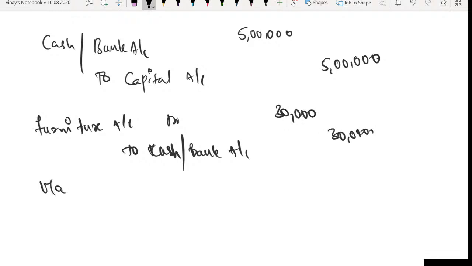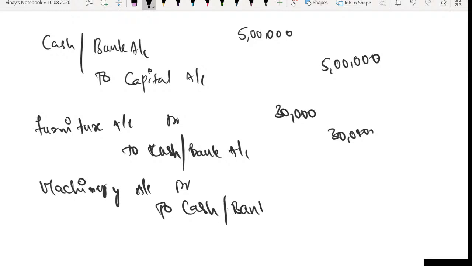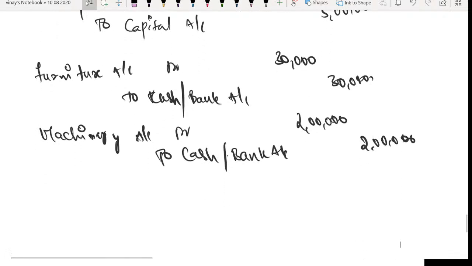When I bought machinery, it will be machinery account debit to cash or bank account, 2 lakhs.